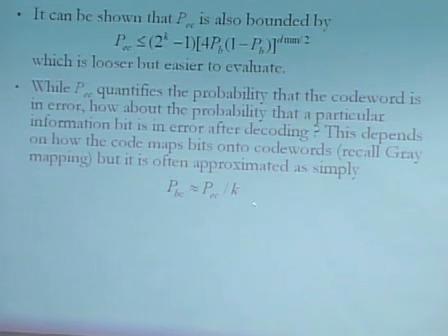So it's the same thing we're doing for gray mapping. In gray mapping, we're saying PB is equal to PS divided by k. So here is the same thing, except with the code, right? So it's the same idea. As long as you're carefully mapping bits onto code words, you can approximate the probability of bit error as the probability of code word error divided by k.